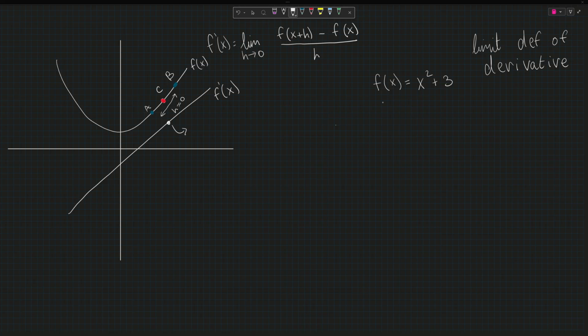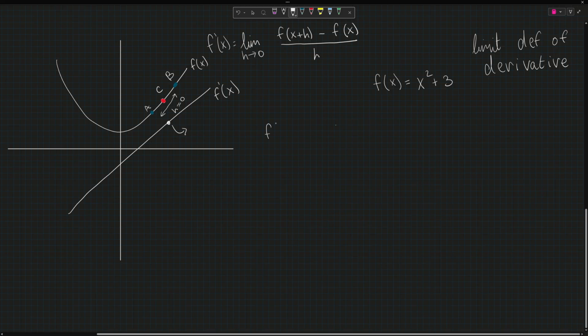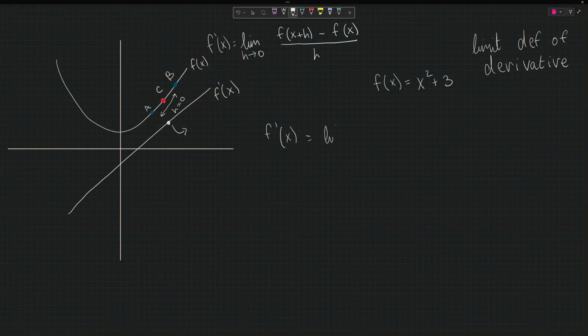So let's demonstrate this. Let's say our f of x here is x squared plus 3, right? So I'm going to rewrite this equation like this. f prime of x equals limit as h approaches 0 of f of x plus h, which could be written as x plus h squared plus 3.